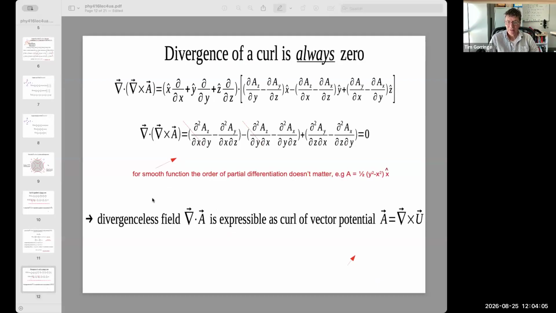The second mathematical identity that I want to mention, a kind of related identity, is this one here. It says that the divergence of a curl is always zero.